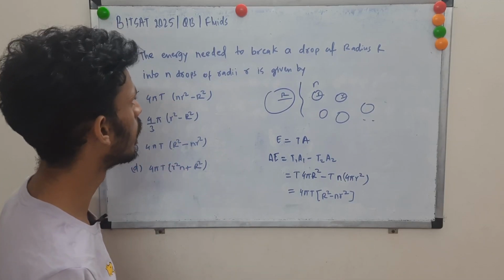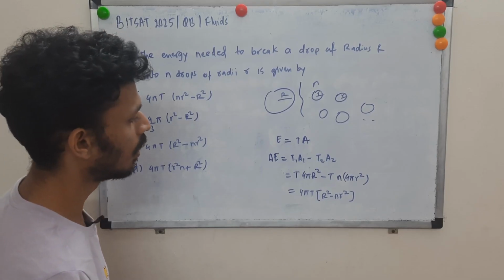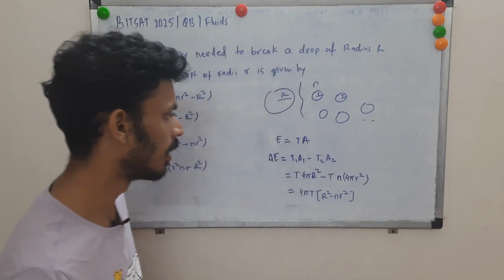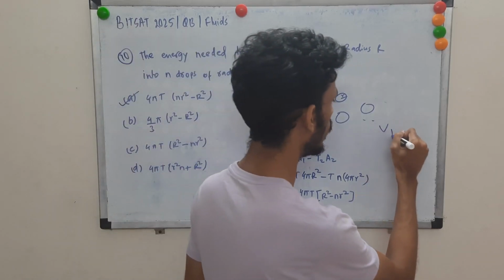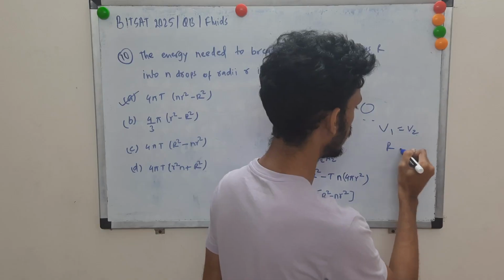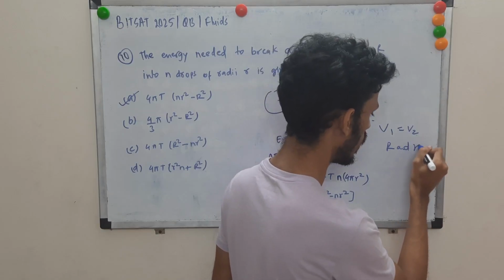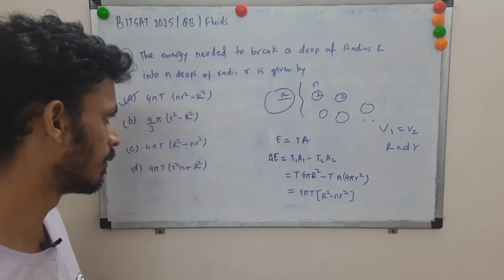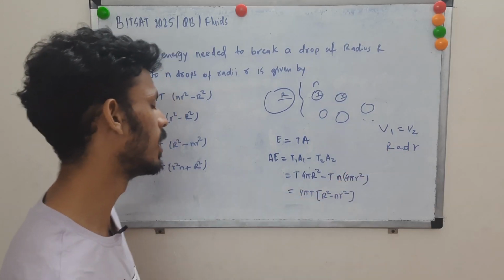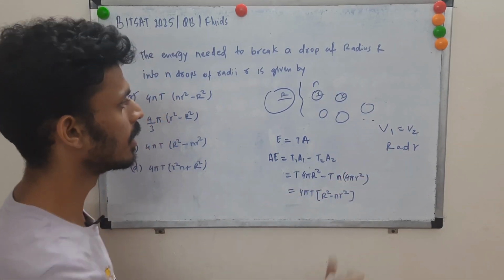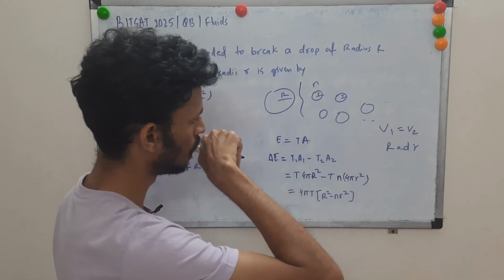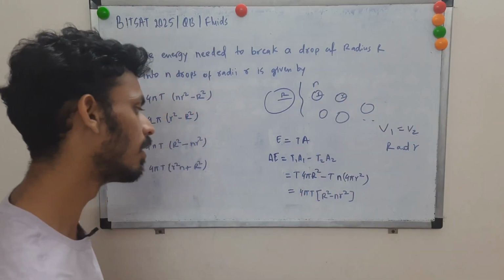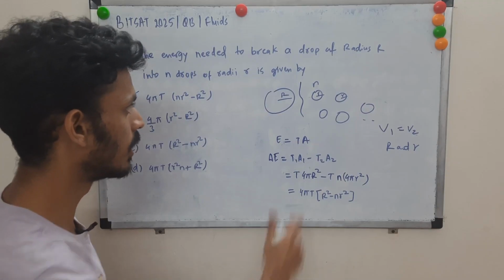Option A, energy needed to break. If you see these drops, you can equate the volumes V1 and V2, and you will find a relation between capital R and small r. You will see that small r is smaller than capital R, and that the area due to the small drops will be bigger than the area of the bigger drop.